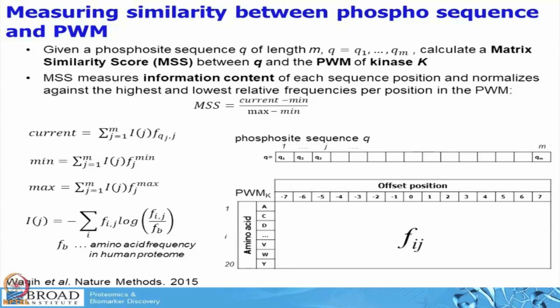You have this for each kinase, and you calculate a score for each phosphosite, how similar it is to that motif. It's based on information content. We don't have to go into too much detail here, but you calculate the score for your sequence, you subtract the minimum given your matrix, and you scale it by the range.